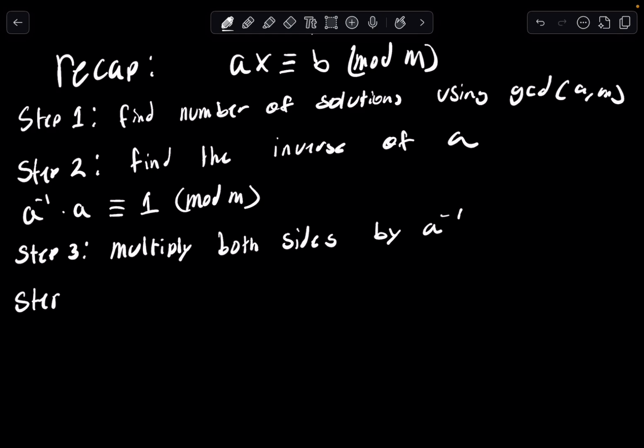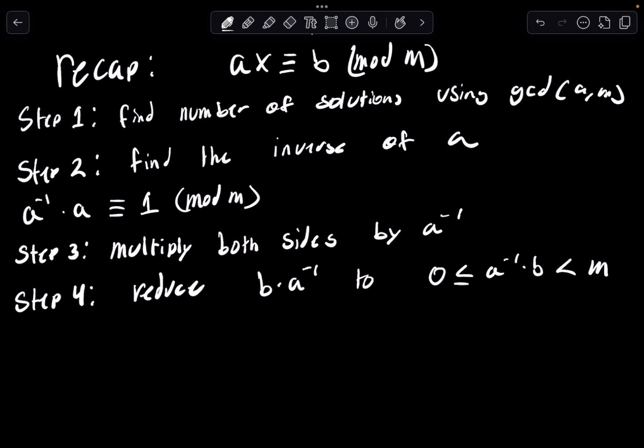So then I'll say for step 4, reduce B times the modular inverse to be greater than or equal to 0, but less than M.